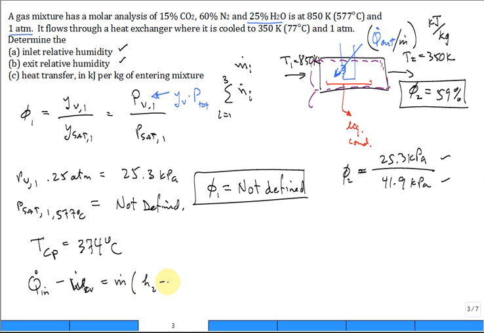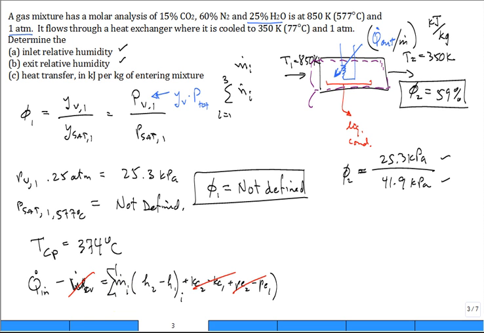Exit minus inlet, kinetic energy exit, kinetic energy inlet, potential energy exit, potential energy inlet, changes in potential, changes in kinetic, no work, all those are zero. So the equation that we have, and also we have a sum of different i's, true, for each of those three components.